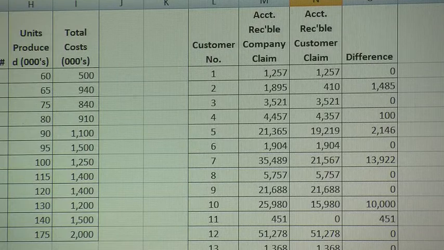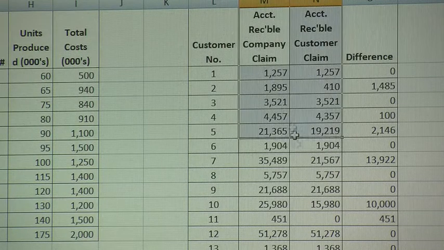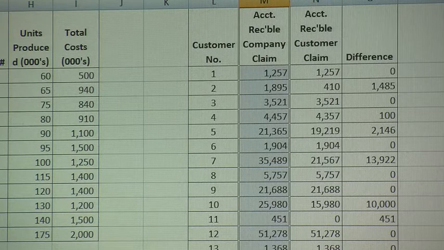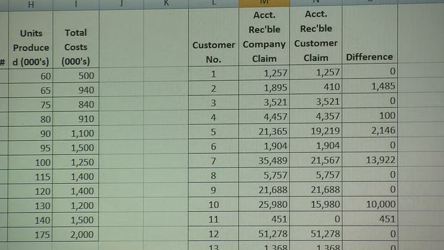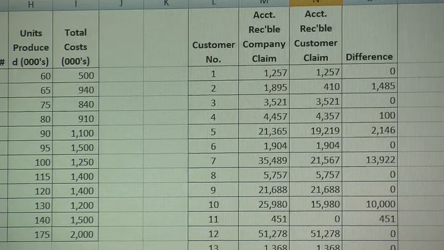So if we generalize this to the population at large, the complete universe of customers who owe the company money, we would conclude that for whatever reason the company that's being audited here may have overstated its accounts receivable by a statistically significantly different amount than what the customers claim that they actually owe.